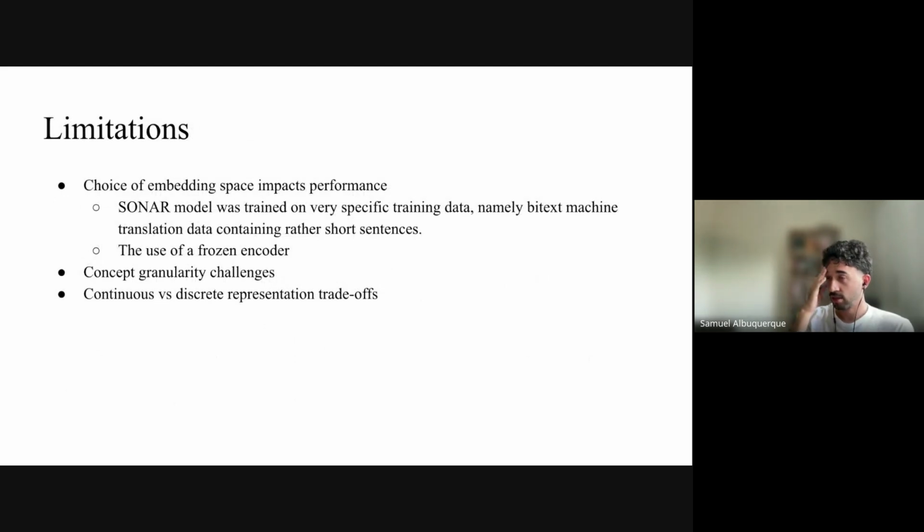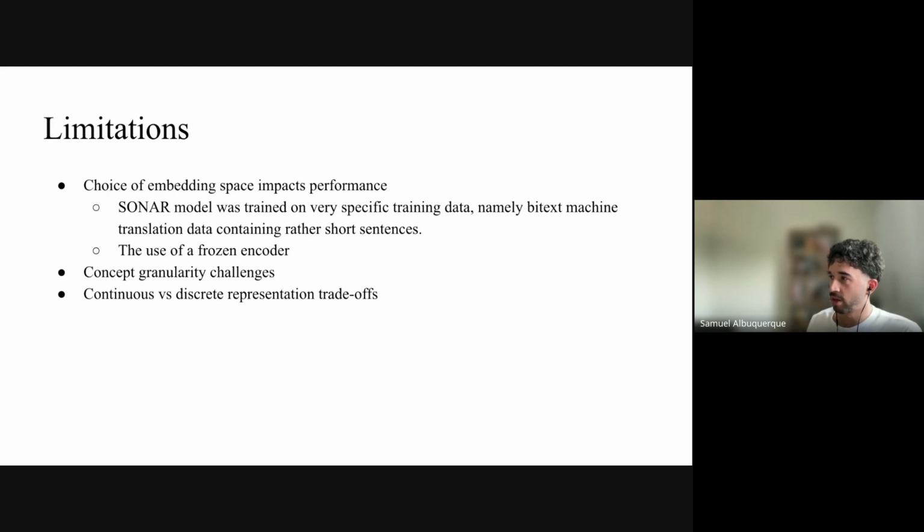And talking about the limitations that they mentioned, the first one is the choice of embedding space impacting performance. Even though SONAR was very suitable for the problem that they had, it was not trained on the best data set possible for this task.